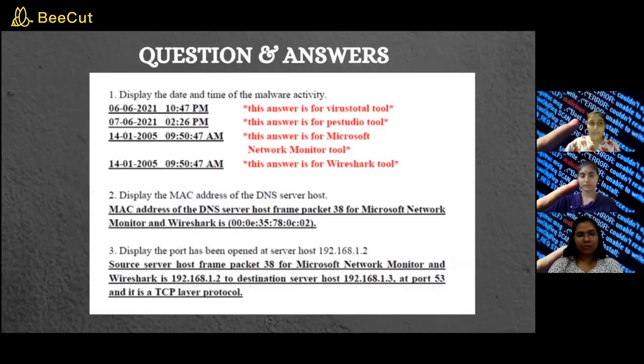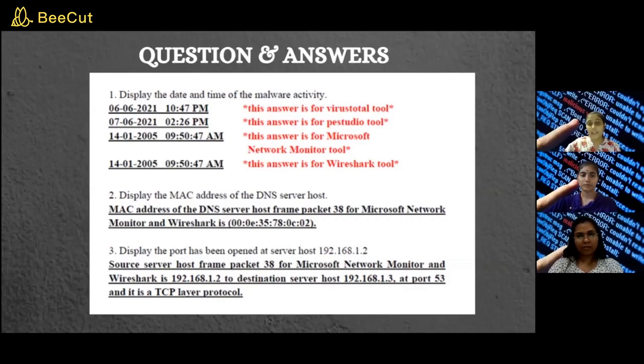Question and answer section. First question, display the date and time of the malware activity. On 6 June 2021, 10:47 is the answer that appears for the network picket file in the VirusTotal tool. 7 June 2021 at 2:26 p.m. is the answer from the PE Studio tool. 14 January 2005 at 9:47 a.m. is the answer from the Microsoft Network Monitor tool. 14 January 2005, 9:50 and 47 seconds a.m. is the answer from the Wireshark tool.